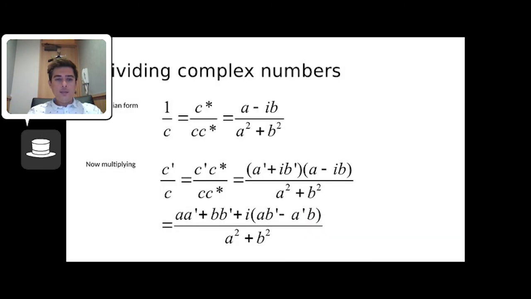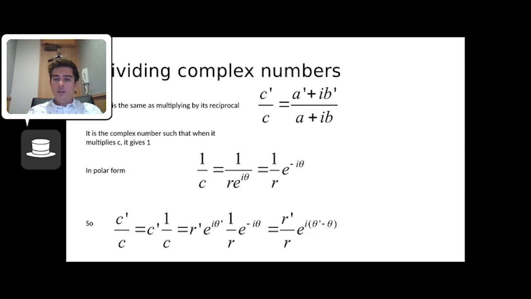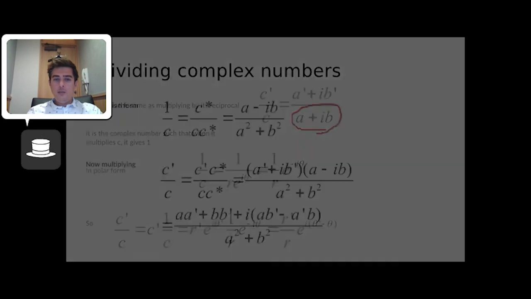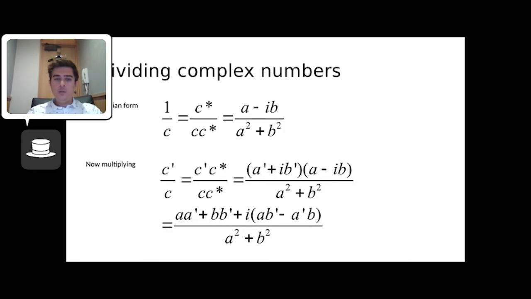And another way of representing it: often what you might like to do is, instead of having the complex number sitting on the bottom, as we had in this previous example, it's often easier if you don't have any complex numbers on the bottom.